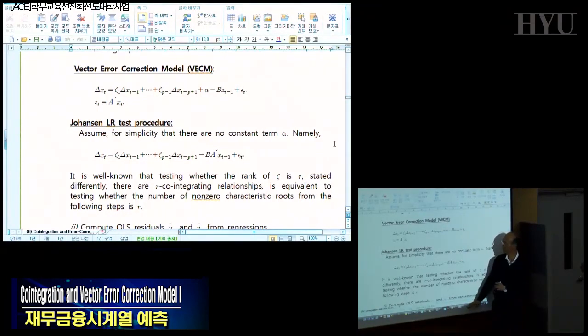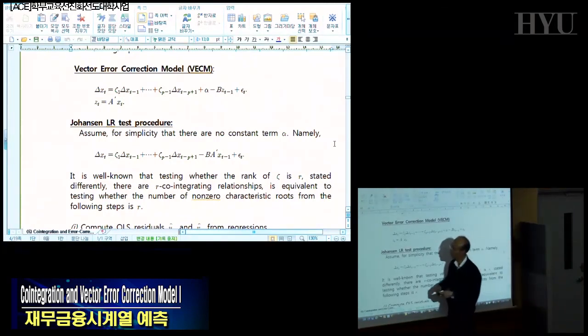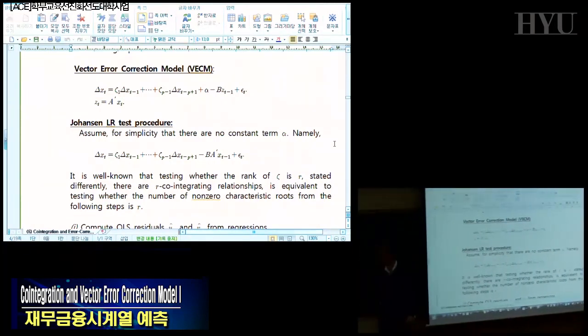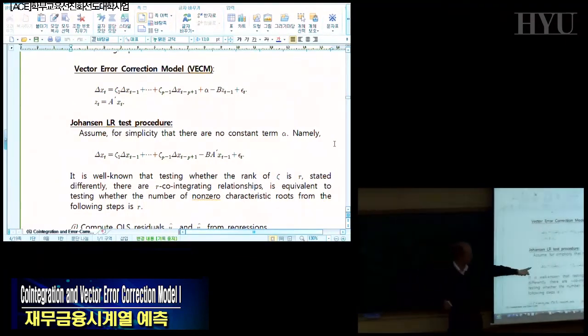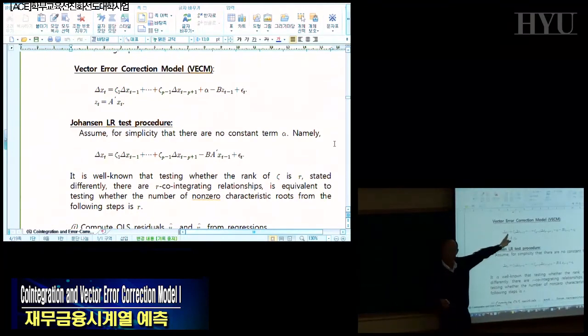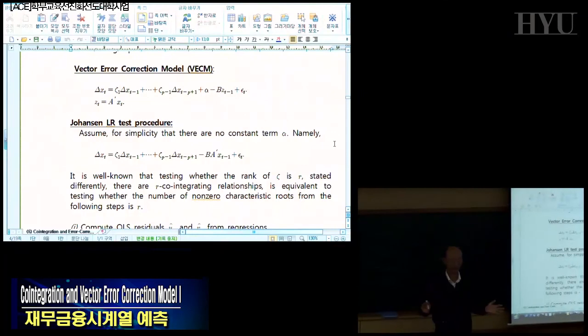So the rest is basically how to then find r, the magic number r. That's going to be the first target next time. And the second, unfortunately, depending upon the way you think of the data generating process of this guy, X, there are several different variations of the test procedure, which often lead to very different results.